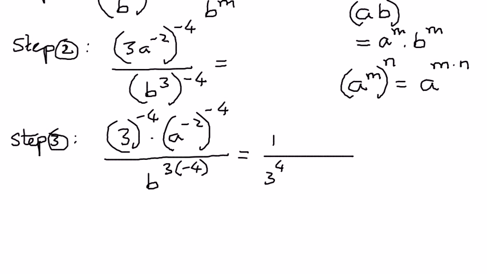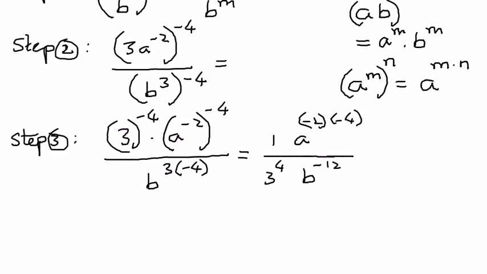And in the numerator, we have a to the power of negative 2 times negative 4. I'll keep that in the numerator because that is going to turn to a positive. And in the denominator, we have b to the power of 3 times negative 4, which will be equal to negative 12. Let me write that negative 12 here. B to the power of negative 12.